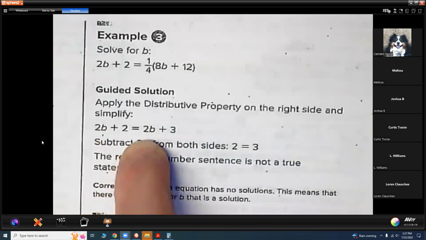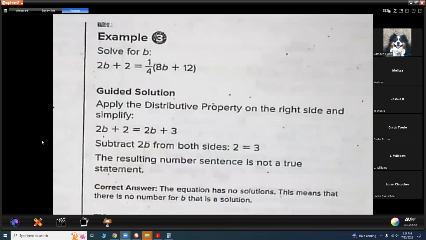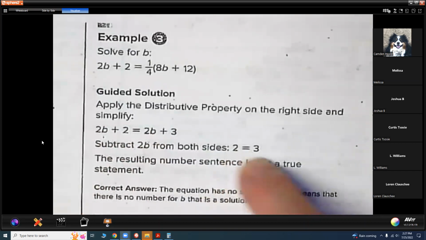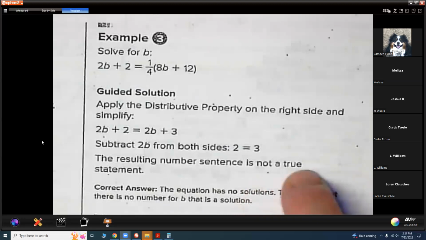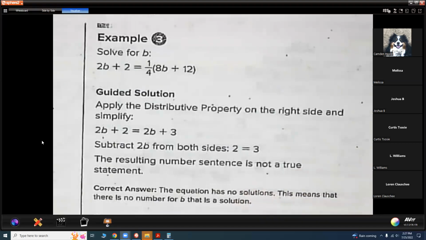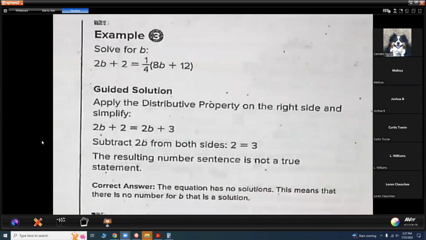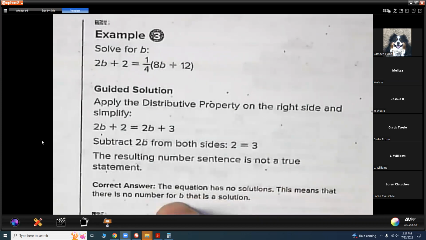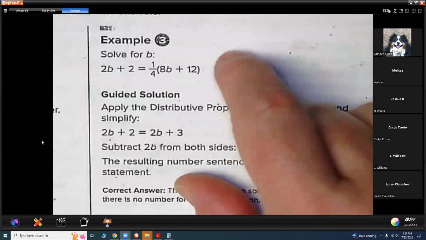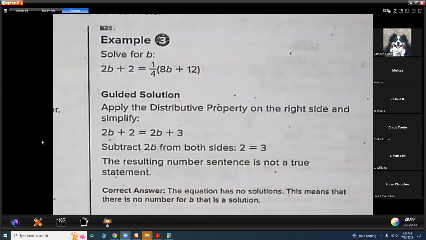So if I subtract 2b from both sides, I'm left with 2 equals 3, which is not true. Therefore, this problem has no solution. There's no number that we can put into b that makes this true, okay?